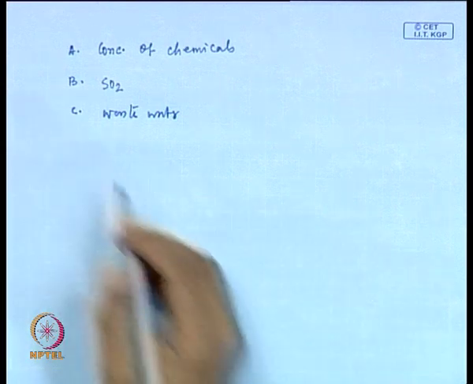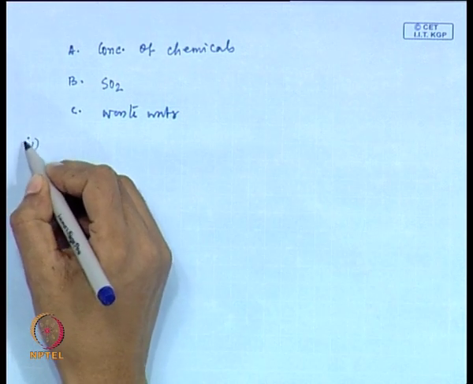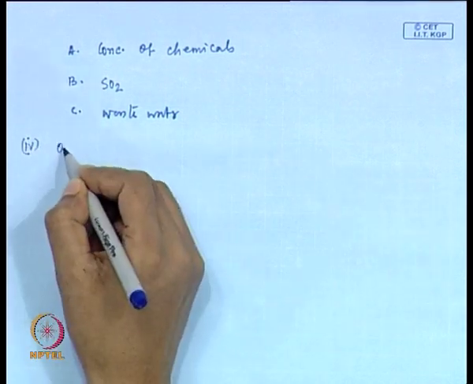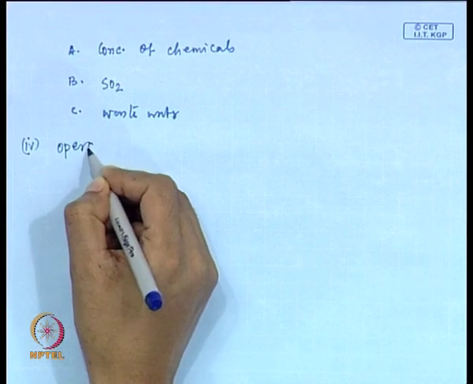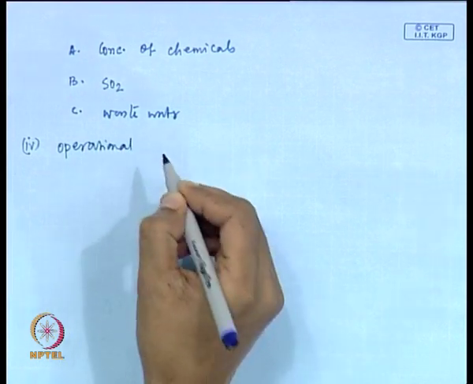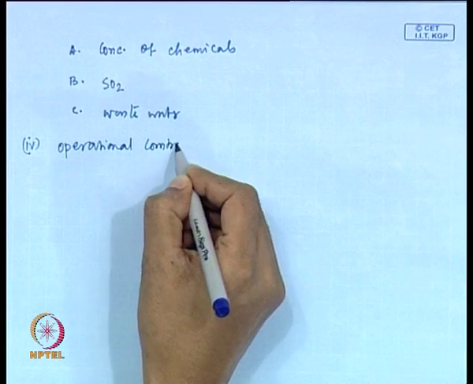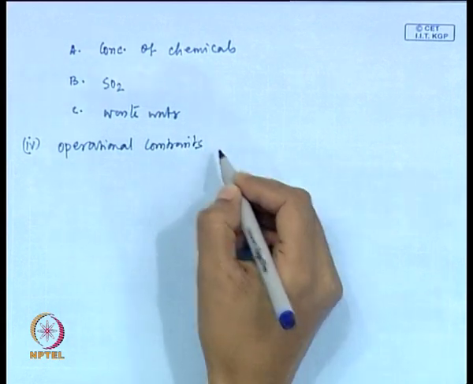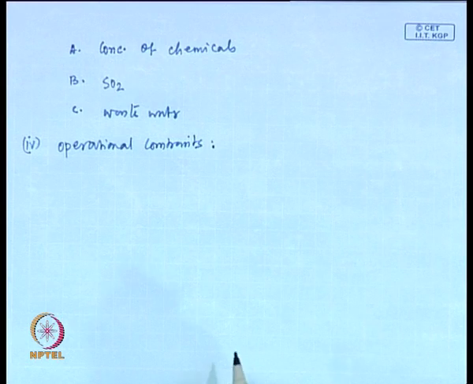Next important requirement is operational constraints. The plants have certain constraints inherent to the operation.